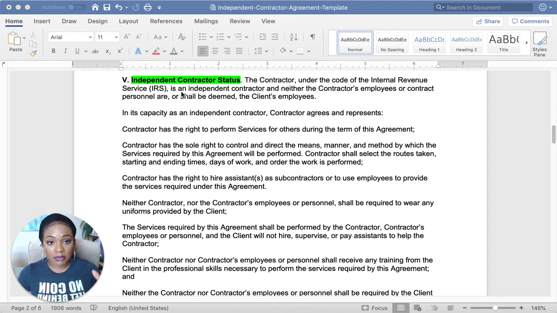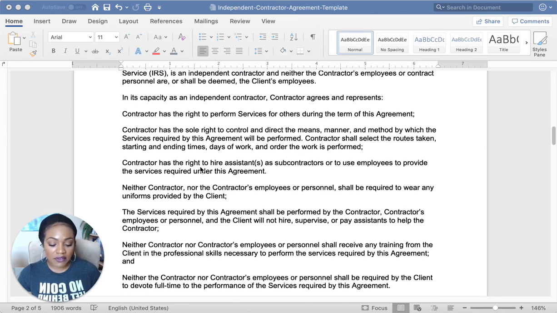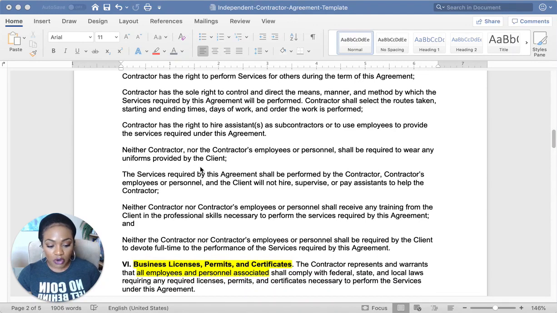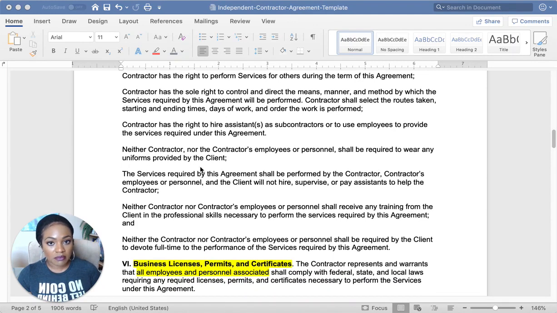The Department of Labor has their own checklist for each. But this section right here does a pretty good job of drafting around the requirements of making sure that the worker is considered an independent contractor versus an employee. So this is very important.